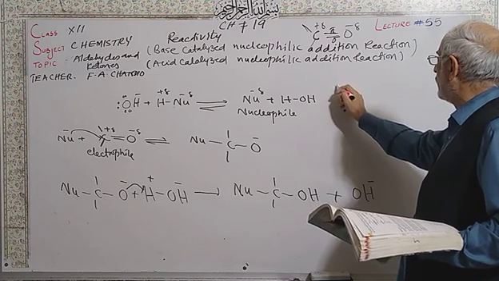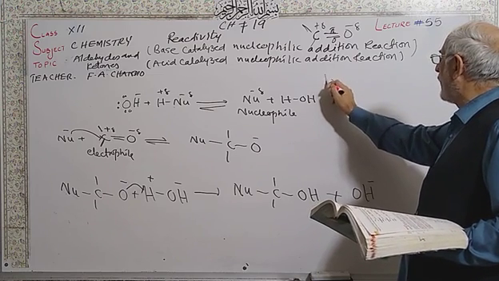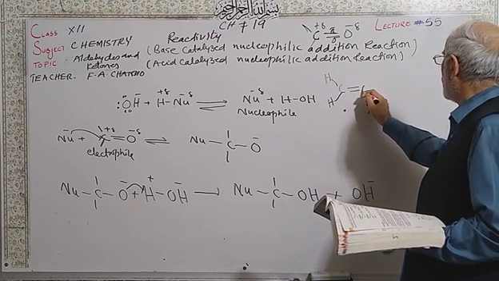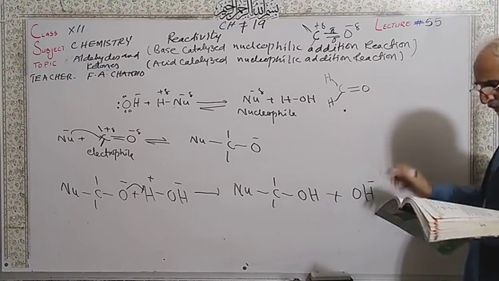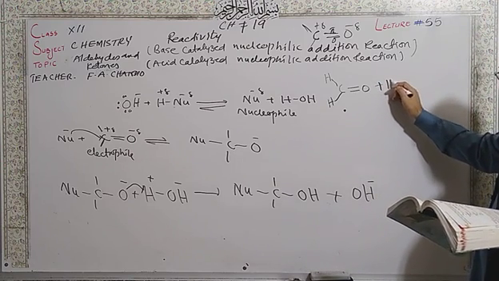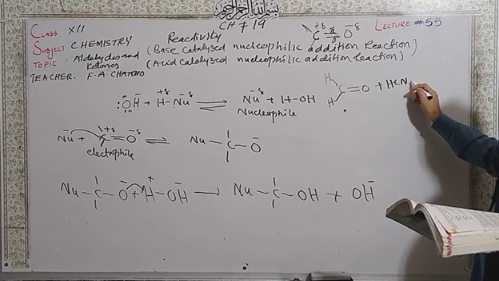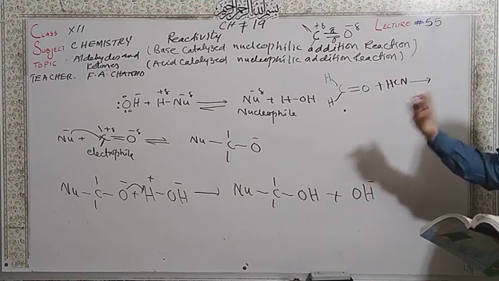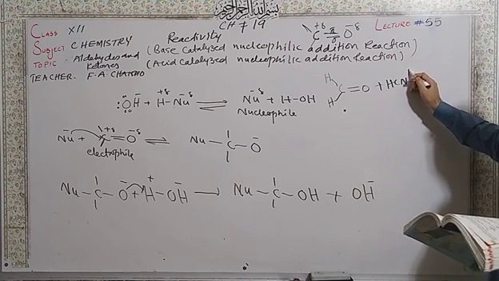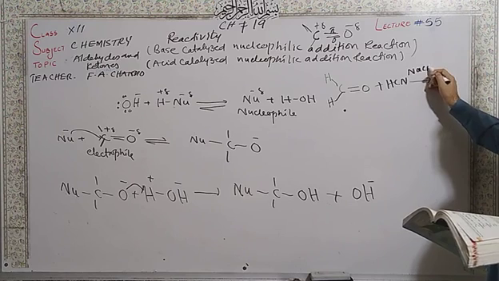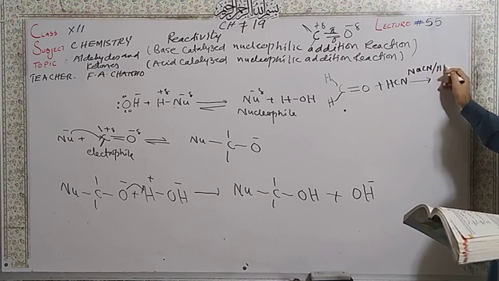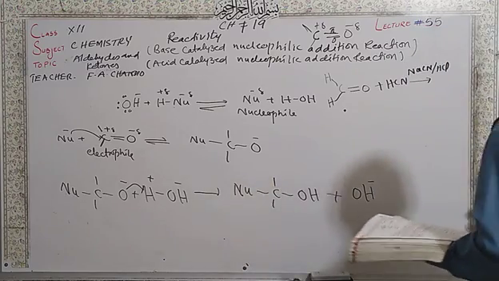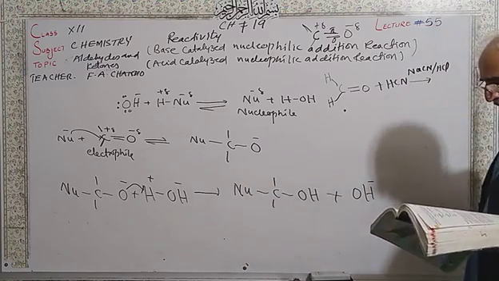So you have formaldehyde, acetaldehyde, ketones. This is formaldehyde. Hydrocyanic acid is highly unstable, so we have to prepare it at that time by the reaction of sodium cyanide with HCl. When sodium cyanide reacts with hydrochloric acid, you will get hydrogen cyanide.